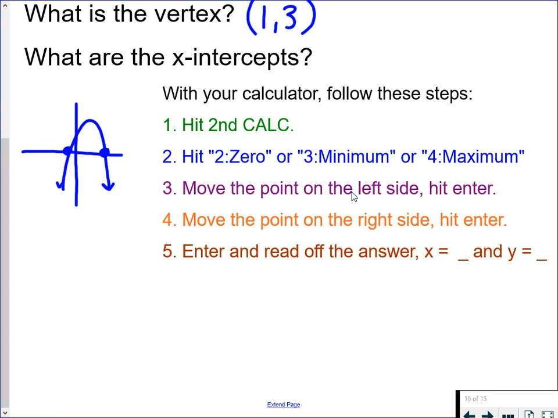Notice how the same questions pop up, left bound, right bound. So we're going to find one at a time. I am going to travel over to the left side of the first zero I want to find, somewhere over here, and then press enter.